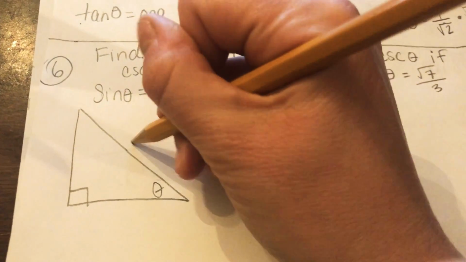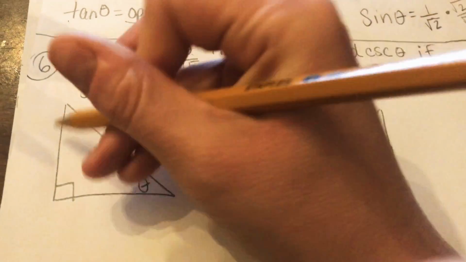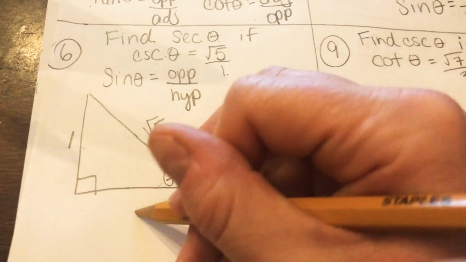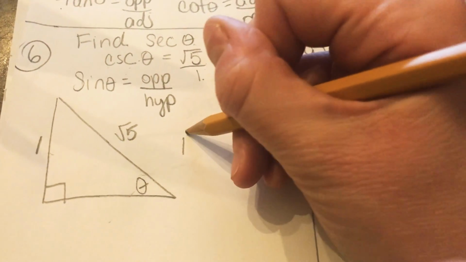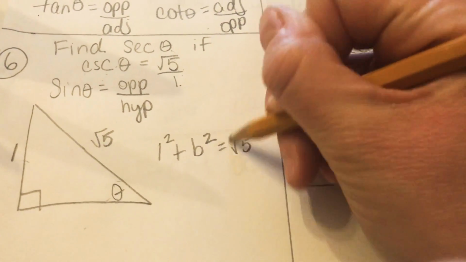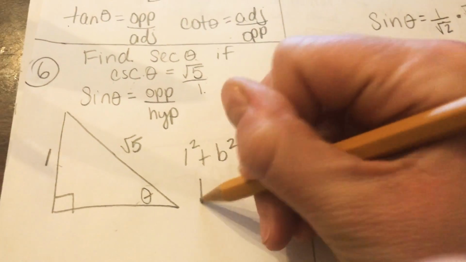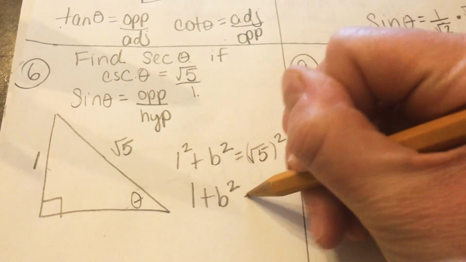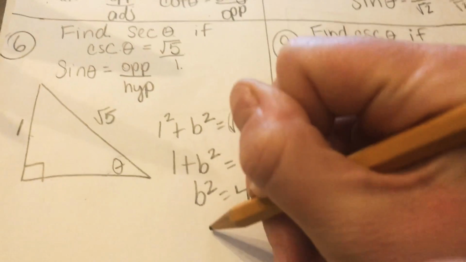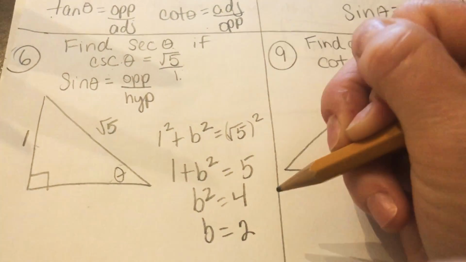So hypotenuse is radical 5. Opposite is 1. Again, I have to find the missing leg. So that's 1 squared plus b squared equals radical 5 squared. So I get 1 plus b squared equals 5. B squared equals 4. B equals 2.